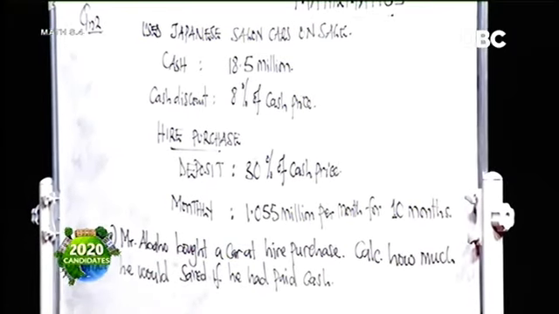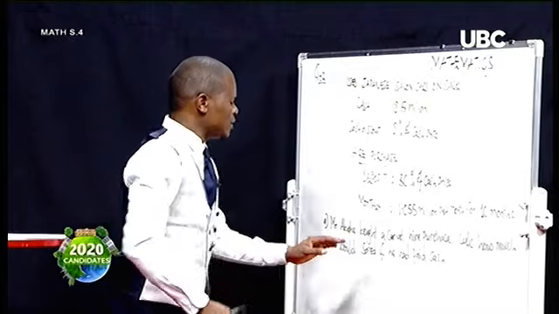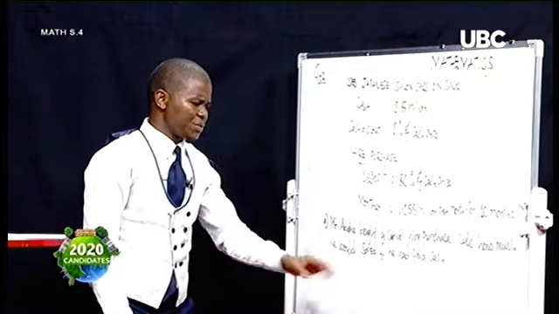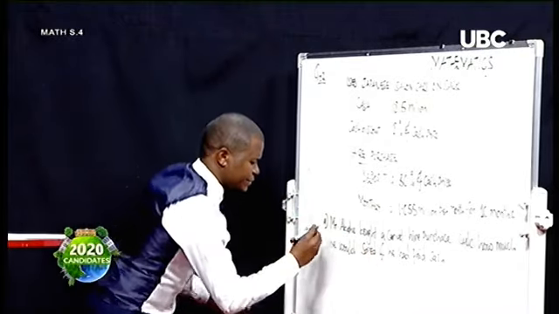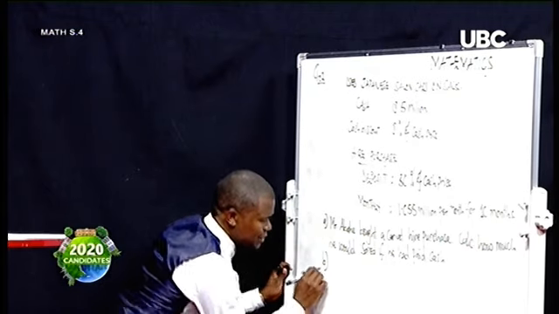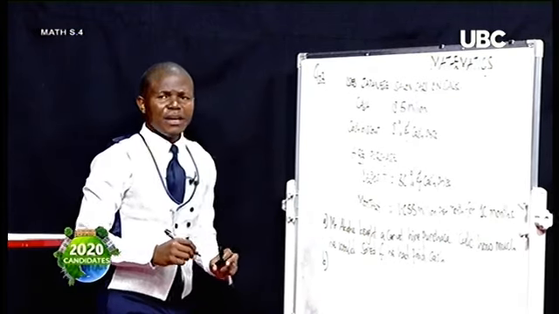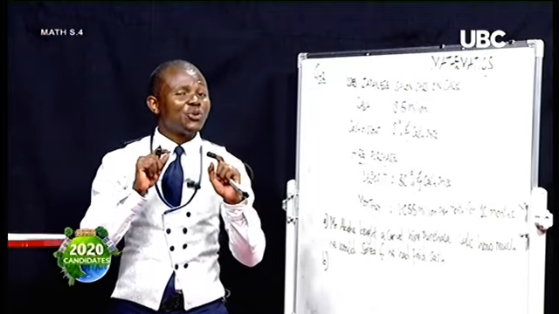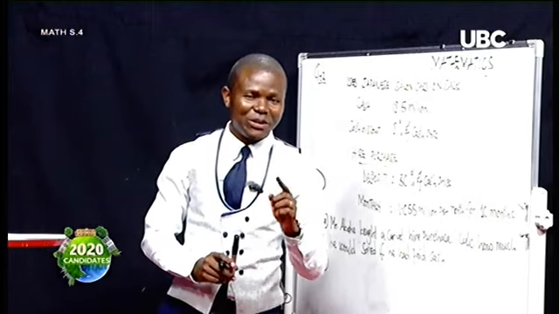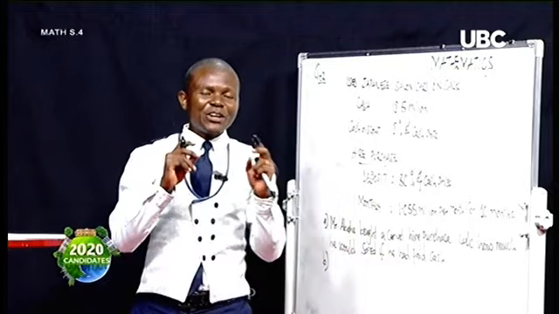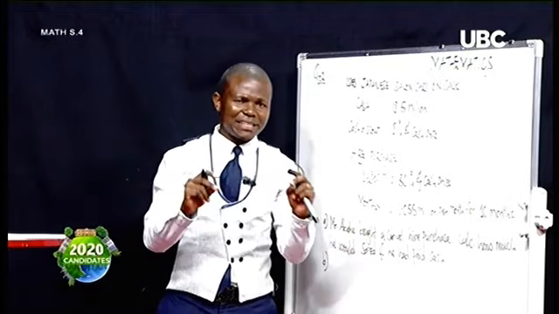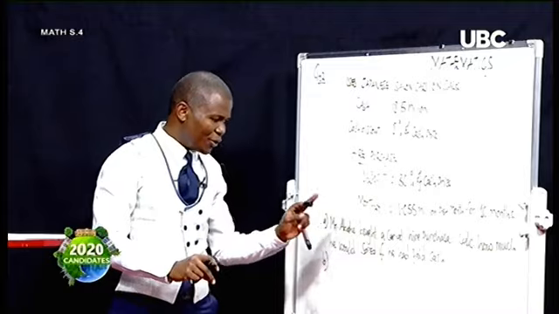My dear beloved students, I want you to begin working out this as I write part B. And part B says, if the cost price of the car was 8 millions, calculate the dealer's percentage profit on Mr. Abaho.